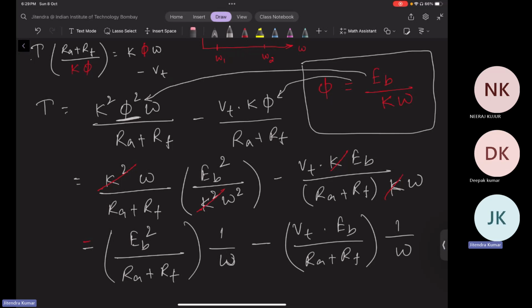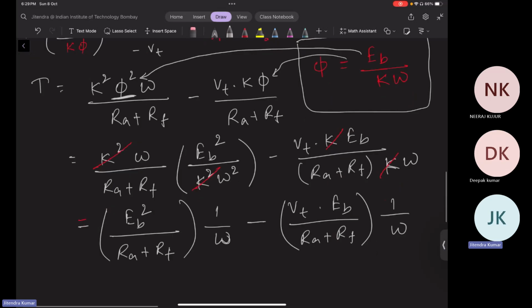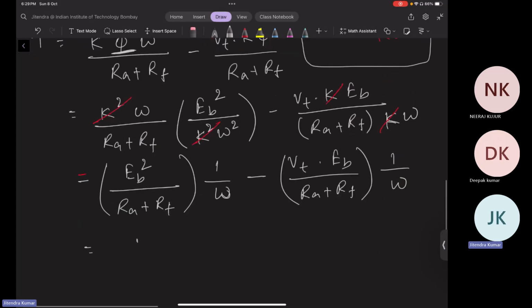So you can add both the expressions, so you will end up with Eb square divided by Ra plus Rf. Sorry, Eb we can take common, so Eb minus Vt into 1 by omega.